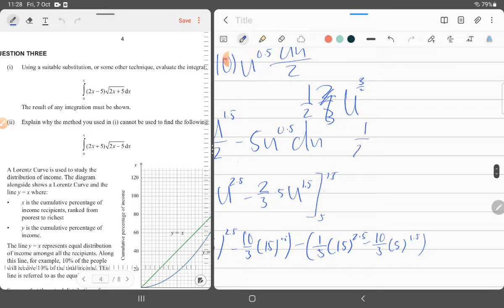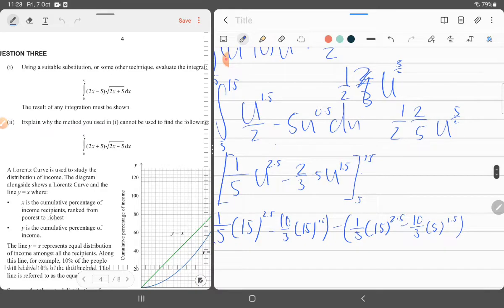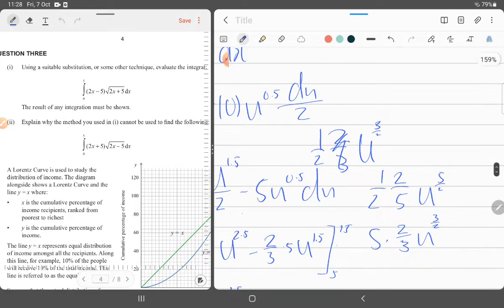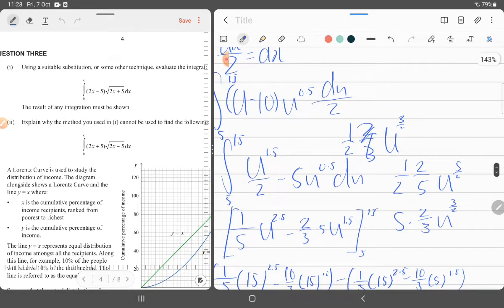It's 10 over 2, then 2 over 3 over 2, which becomes half. We don't go wrong.